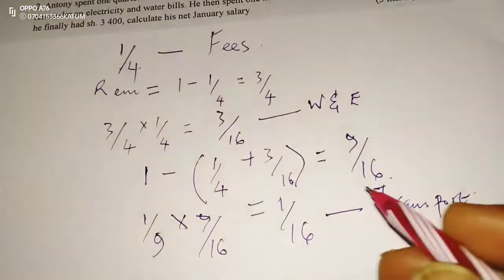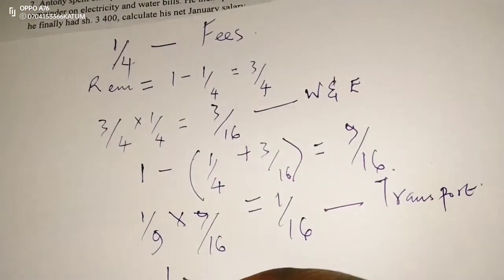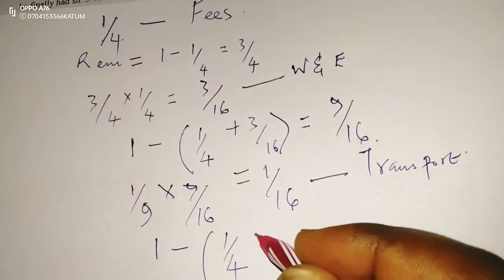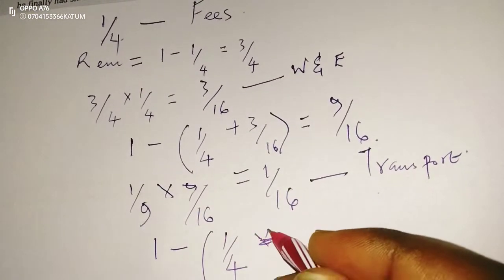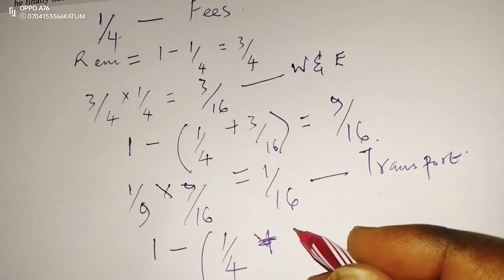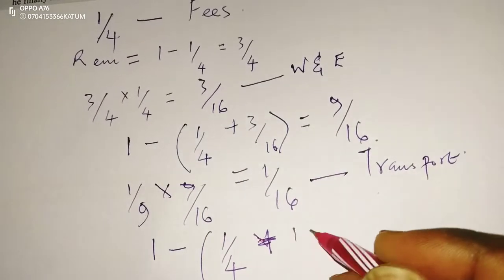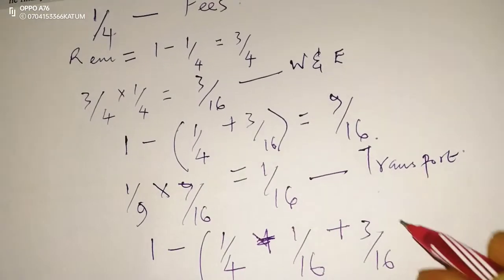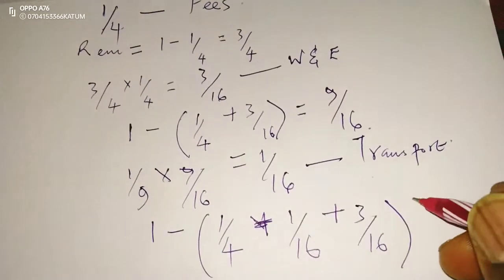So the remaining fraction is now 1 minus everything which has been spent: 1/4 plus transport 1 over 16 plus 3 out of 16 on electricity.